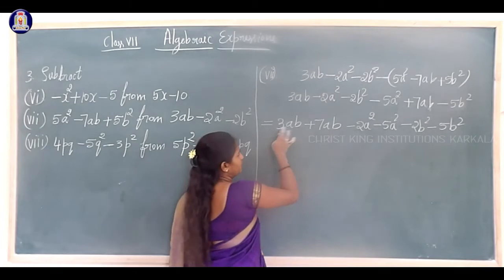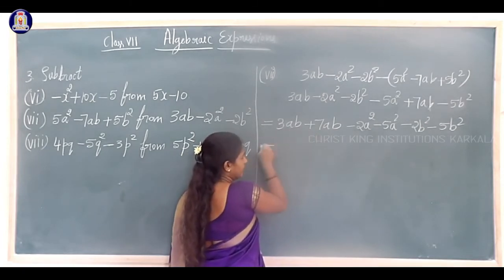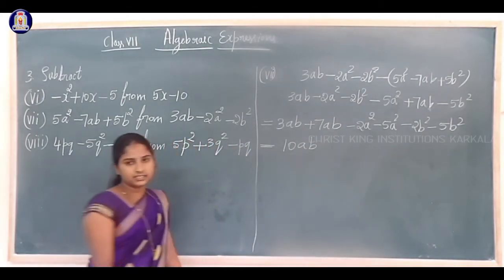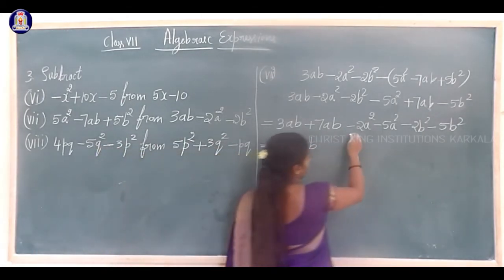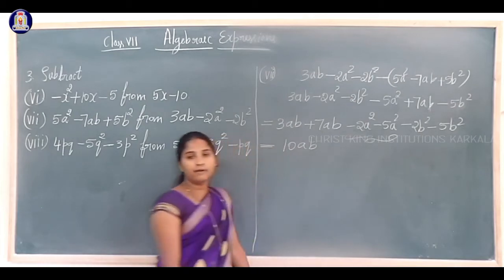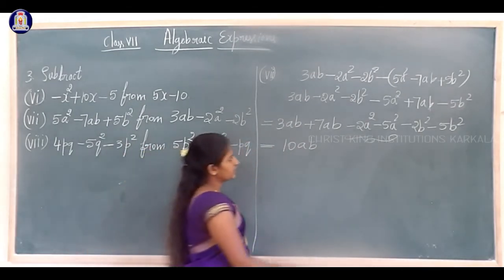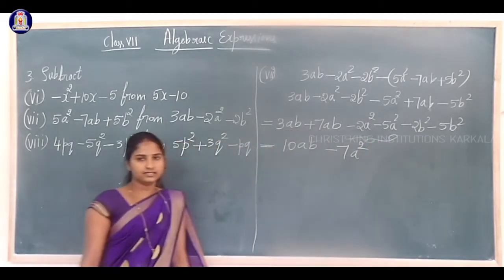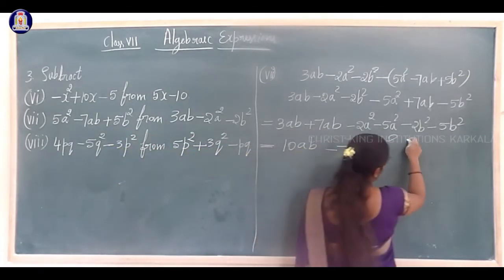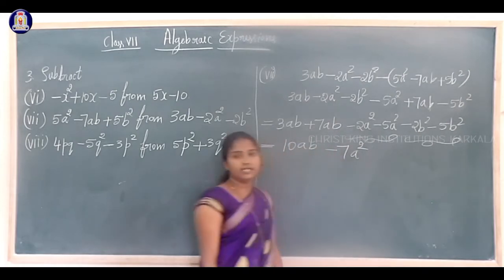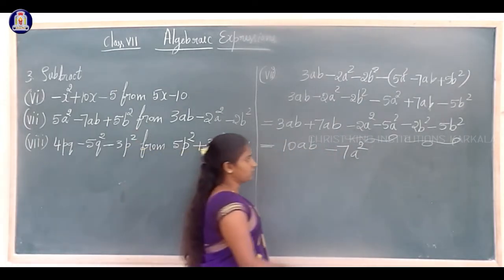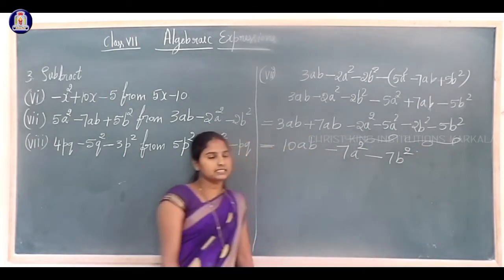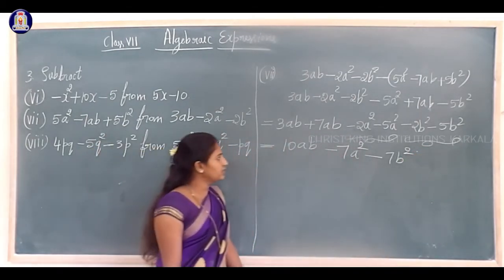So here plus, same sign, addition. 3 plus 7, 10ab. Minus 2a square minus 5a square, that is minus 7a square. And similarly minus 2b square minus 5b square, they are like terms, so minus 7b square.